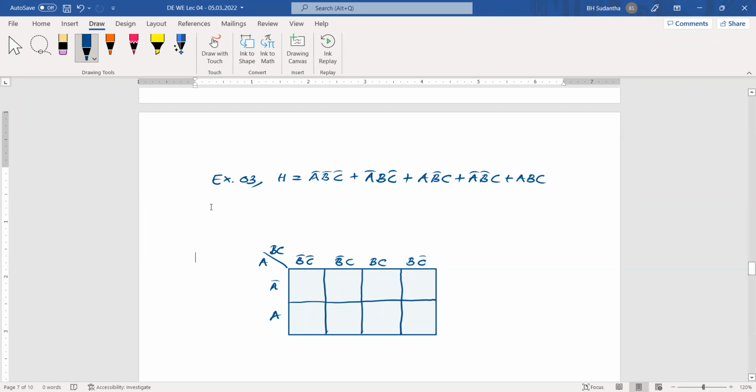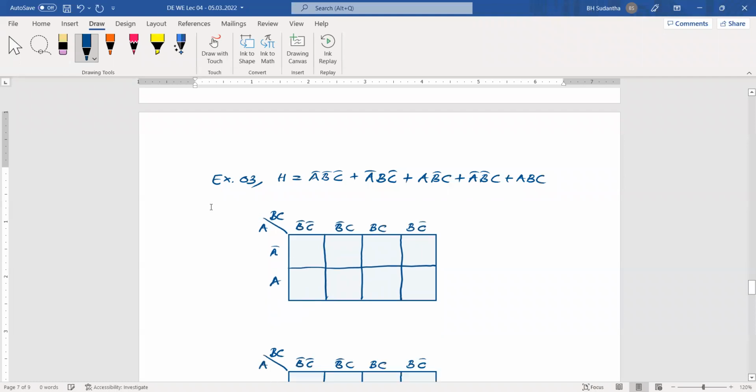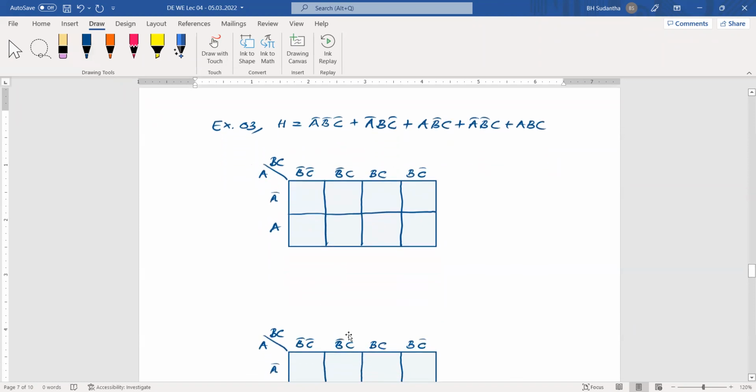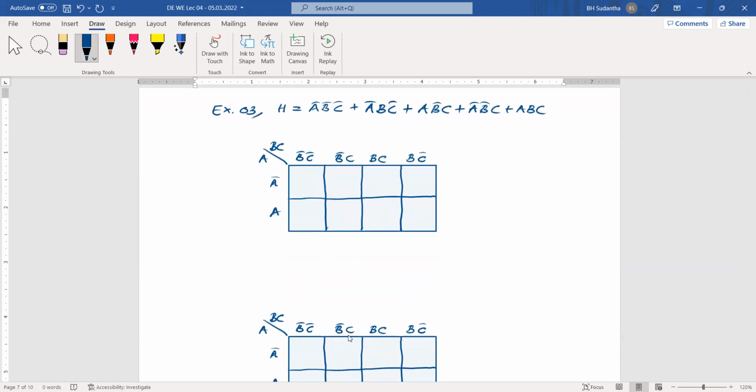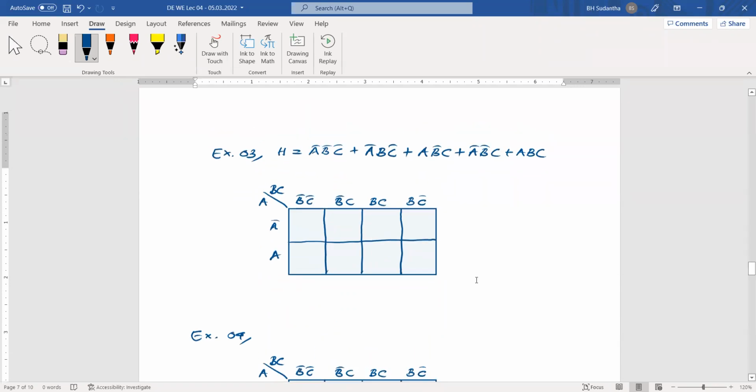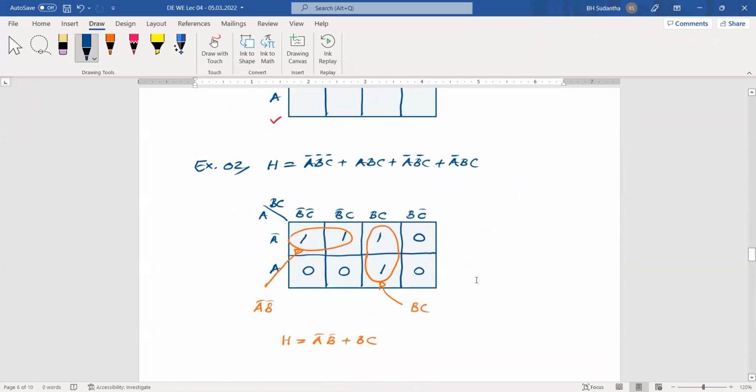Okay, shall we try this? Excuse me, sir. In the previous one, can we group the first three digits in the first row?